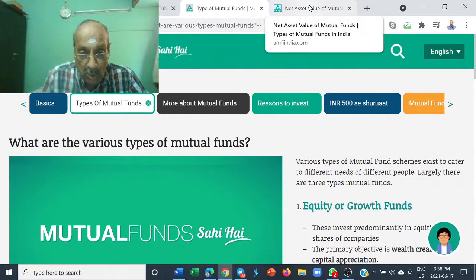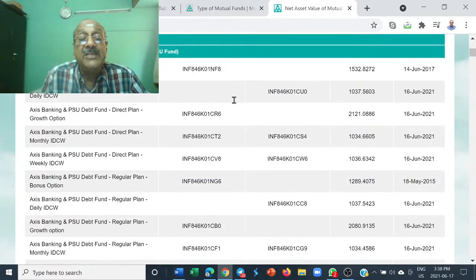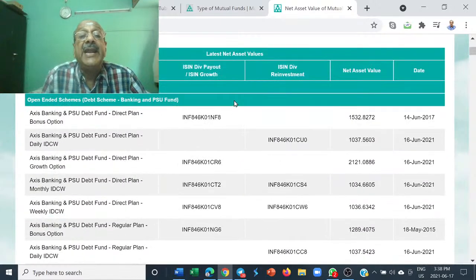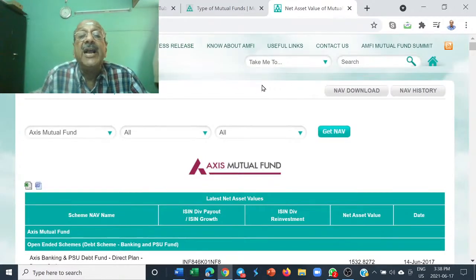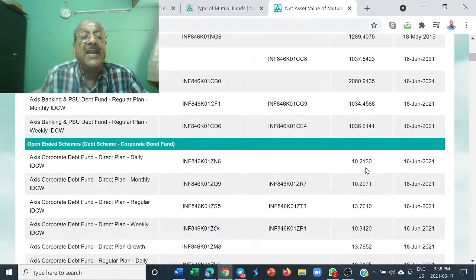Then I wanted to know about what is net asset value. Net asset value is the value as on a particular date that we can check from here. If you check the scheme name you want, the latest net asset value, and when it was started, all these things are given.